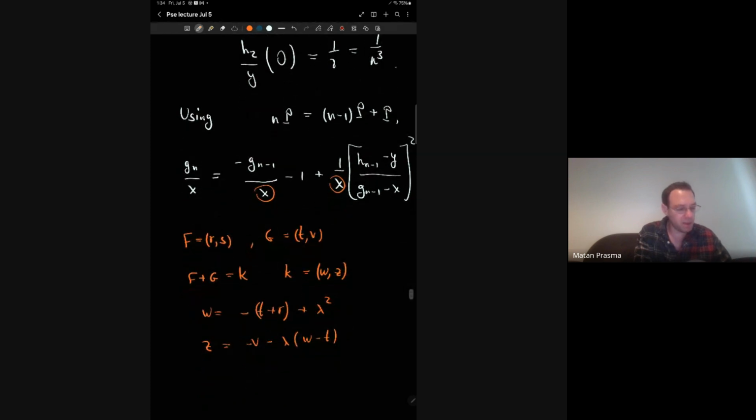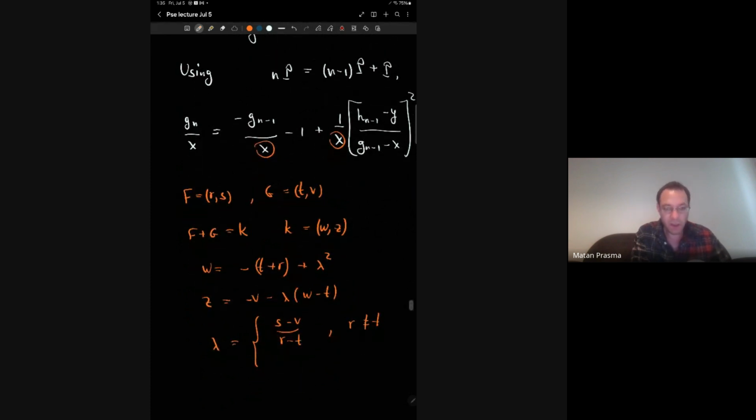And this is assuming that lambda could be either s minus v divided by r minus t, if r is different than t, and otherwise it is 3r squared plus a divided by 2s. Okay, these are the formulas for adding two points.